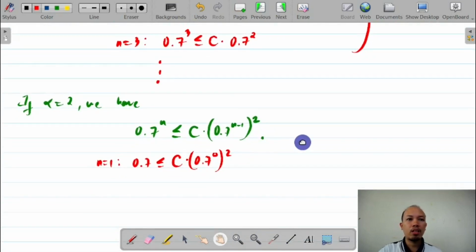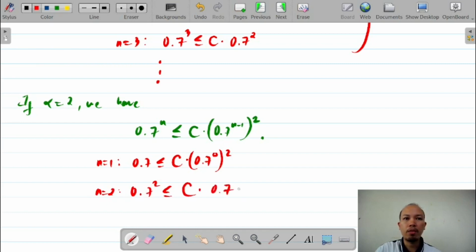Let's try n is equal to 2. We have 0.7 squared less than c times 0.7 to the 2, because 2 minus 1 is 1, times 2 is 2.